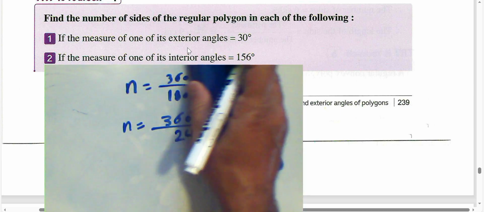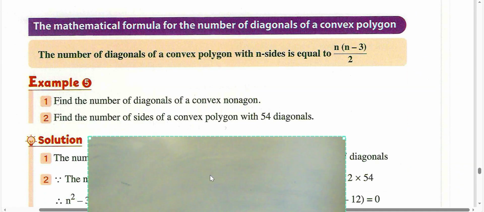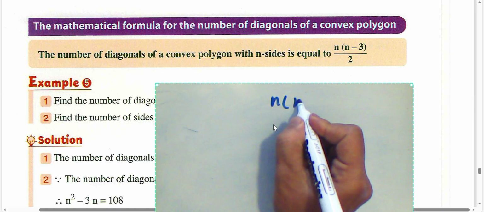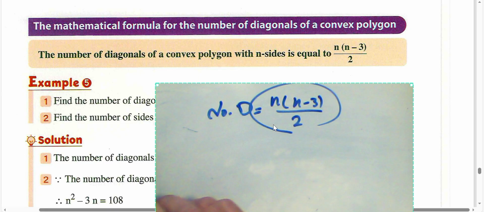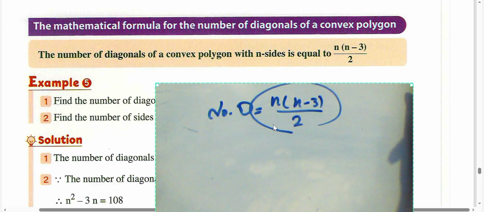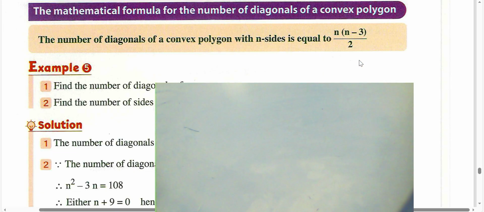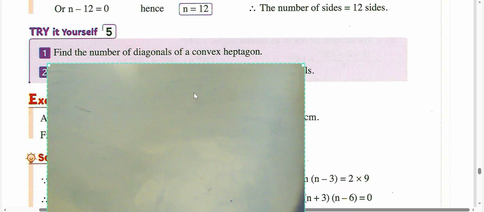Then the number of sides of this regular polygon is 15. Next question. In the mathematical formula, we can find the number of diagonals in a polygon: n times n minus 3 divided by 2, for any polygon. The number of diagonals is found by this rule. Next, question number 5: find the number of diagonals of the convex heptagon.